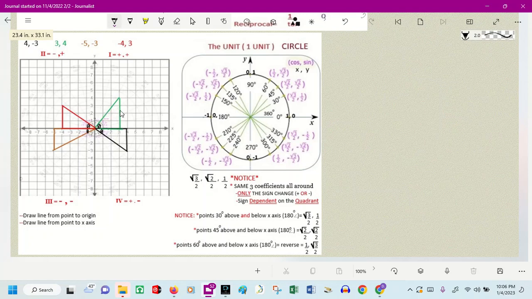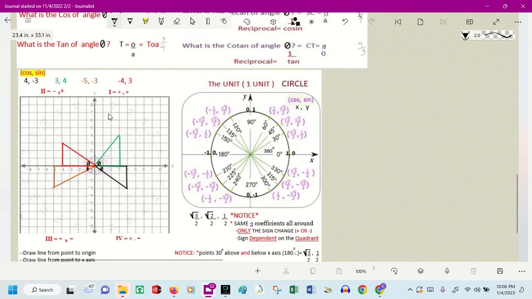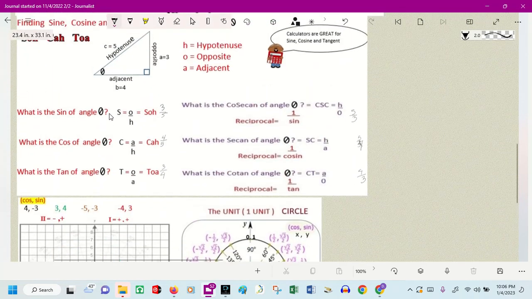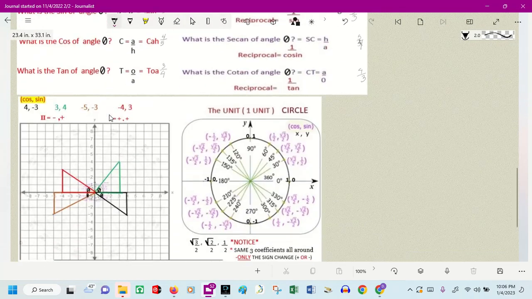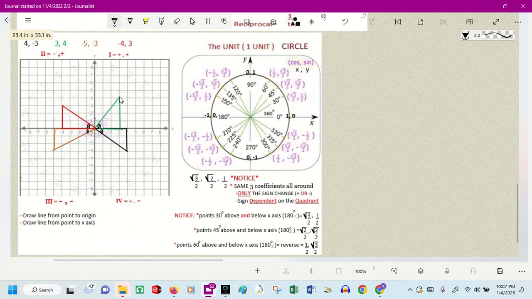How do you find that? When you have 2 sides, you use the Pythagorean theorem to find your third side, correct? Very simple. So, your A is your opposite, and that side is 4. A squared is 4 squared.